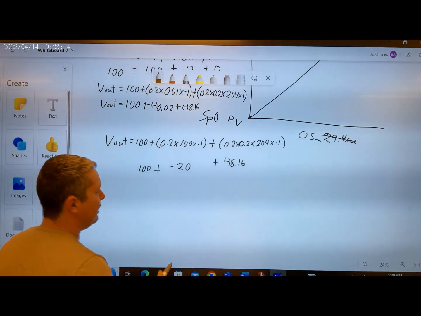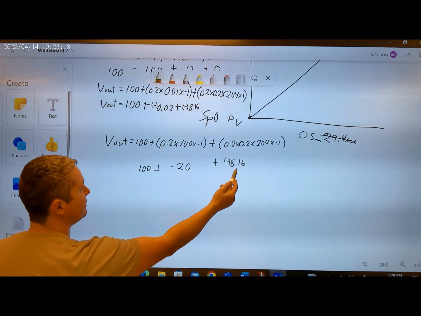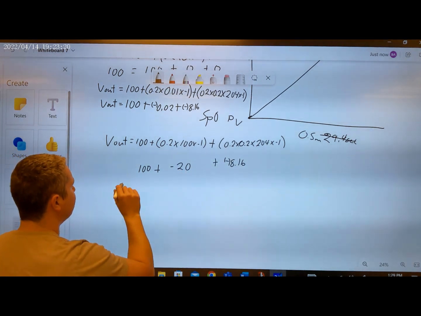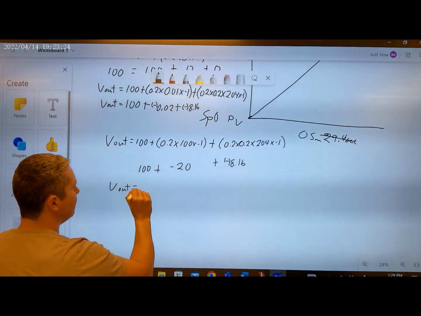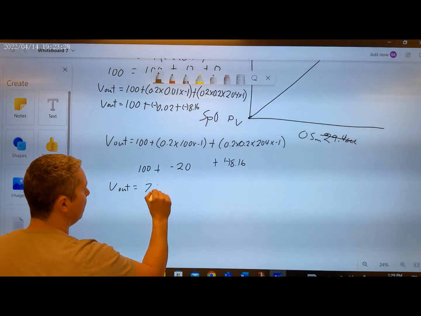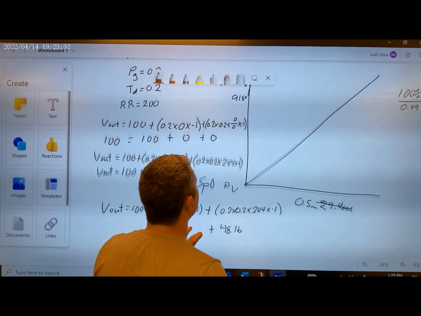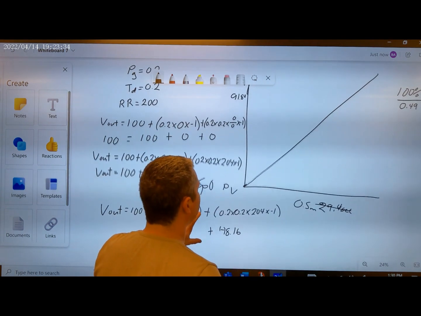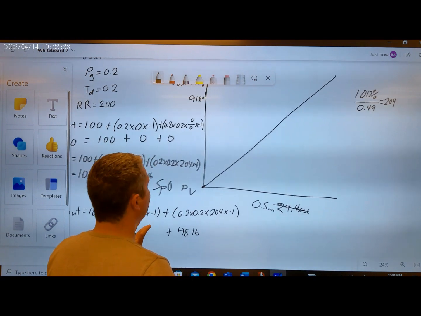So we have 100 plus -20 plus -8. So V out equals 71.84. And I do believe that I put 91.84. Good. So now, that was 71.84.